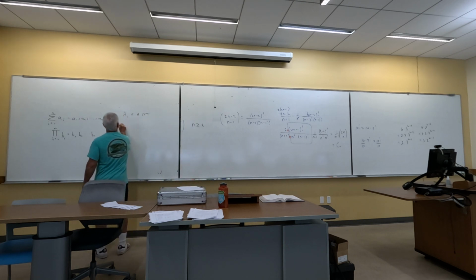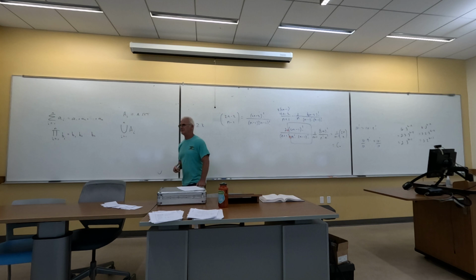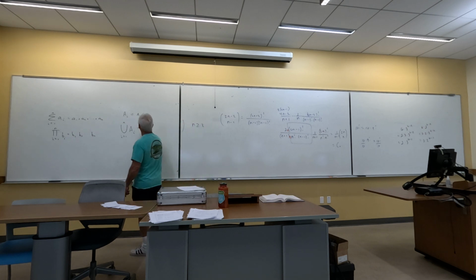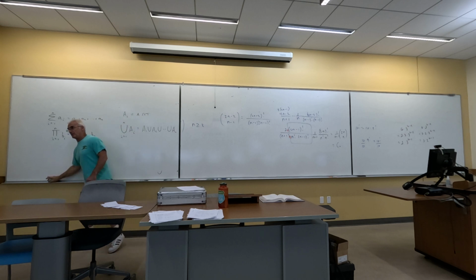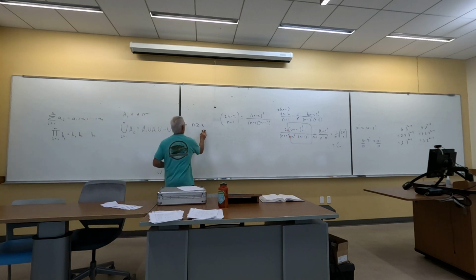I want to describe then, we're going to define unions and intersections of sets much the same way we did sums and products. So what this means, this would be A1 union A2 union all the way to An. Now let me do an example of what that would be. Okay, again, we'll keep it real simple.